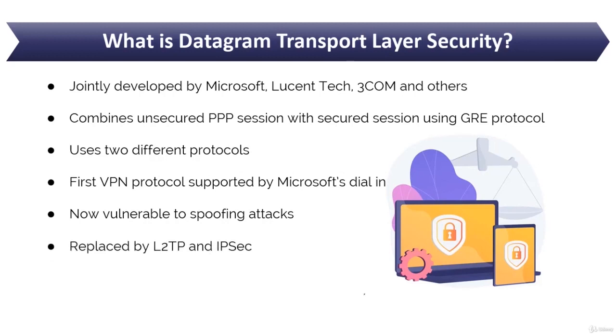Well, that is it. In this lecture, we have seen three major types of tunneling protocols: the Datagram Transport Layer Security protocol DTLS, then the Layer 2 Tunneling Protocol L2TP, and PPTP, that is Point-to-Point Tunneling Protocol.